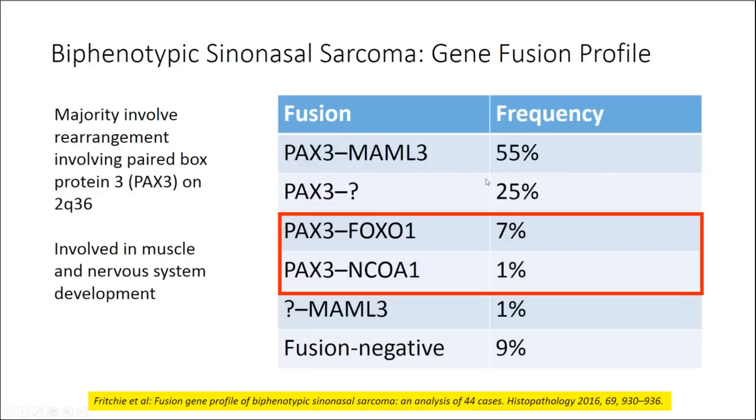Interestingly, though, you may see PAX3 with FOXO1 or NCOA1 in a small proportion of cases, and that has actually been seen in some of the tumors that have expressed some rhabdomyoblastic differentiation. They're not truly expressing it in a lot of cells, but they have a proportion of cells that are expressing myogenin. That's just been an interesting association, but as far as they know, it does not have any prognostic significance.